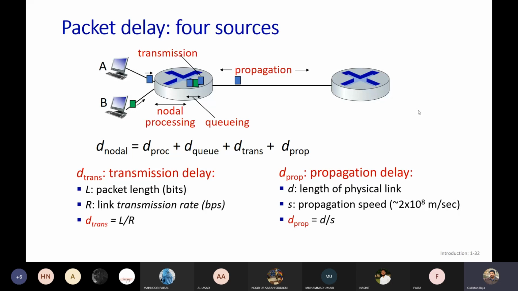S is the propagation speed in the medium. Typical speed in a medium is 2 × 10⁸ meters per second. So propagation delay is D by S. Keep in mind that transmission delay is not equal to propagation delay. They are two different things, right? So these are the four delays: processing delay, transmission delay, queuing delay and propagation delay. Right?